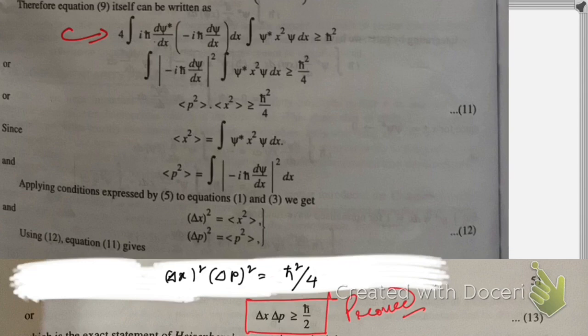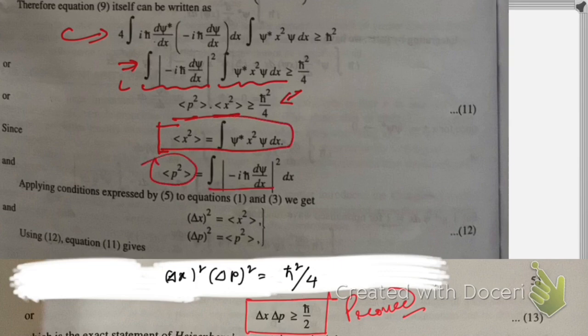Simplifying, we have got this result, and this is nothing but the expectation value of p square, and this is the expectation value of x square, and here we have h cut square by 4. So since the expectation value of x is this and that of p square is this, we can apply the condition imposed by equation 5 to equations 1 and 3.